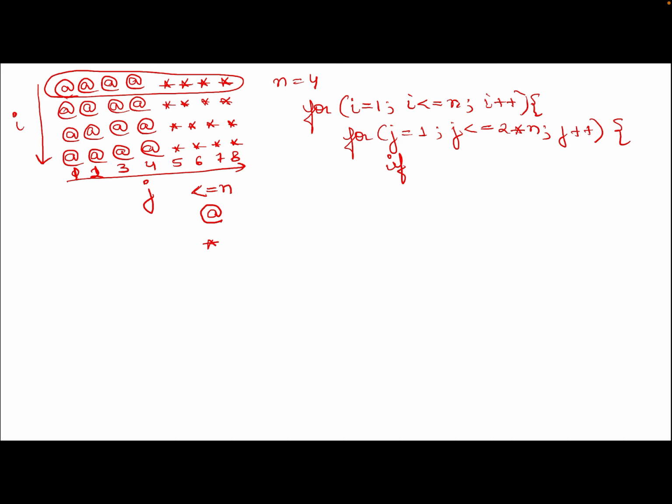To use the condition, I will use if j is less than or equal to n, I will print the @, else I will print, there will be a space, okay, asterisk.